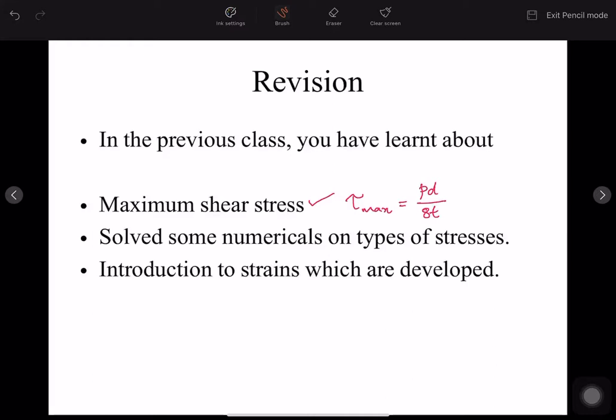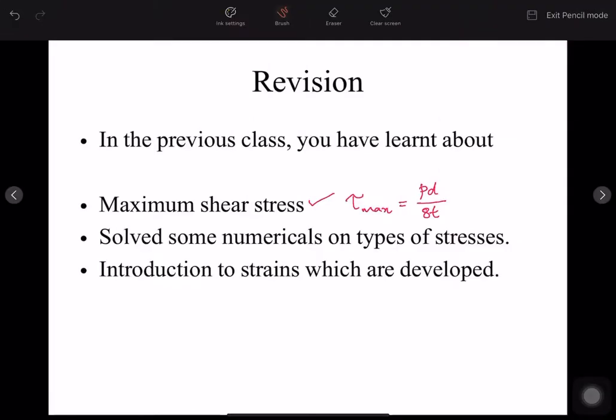Further, we have solved some numericals on various types of stresses, that is hoop stress and longitudinal stress.